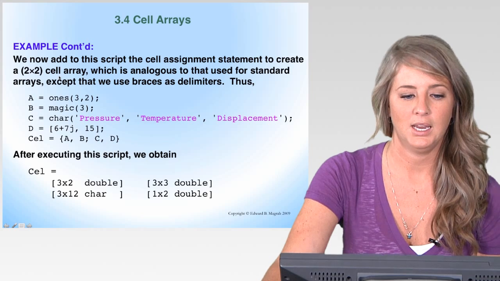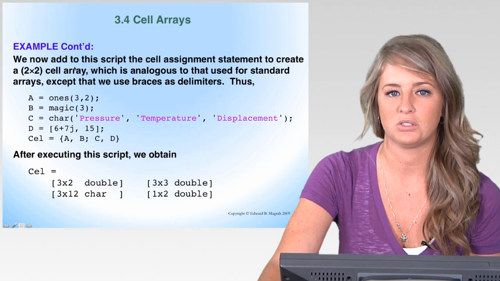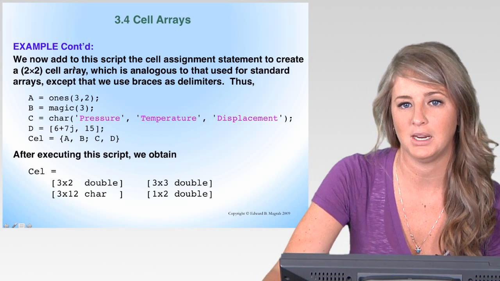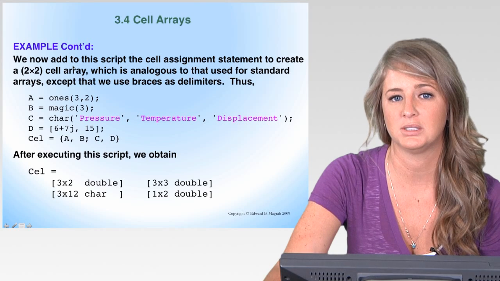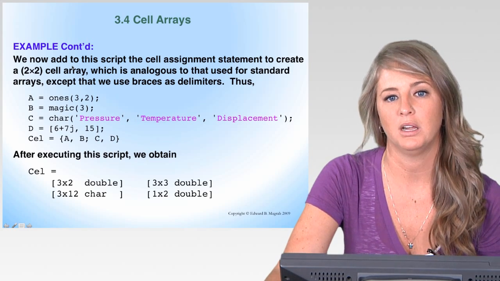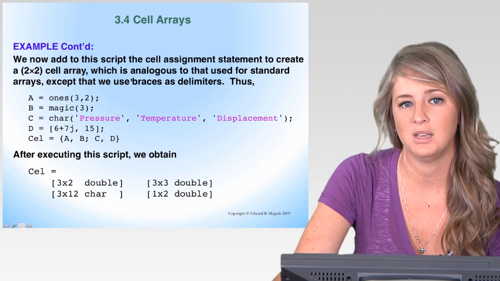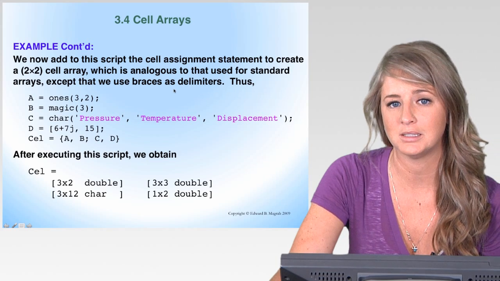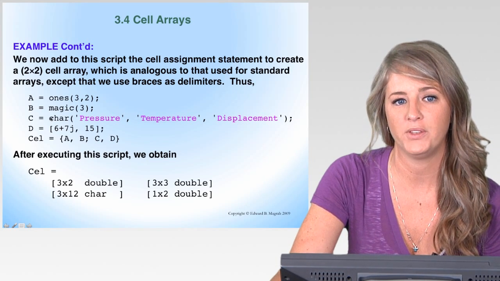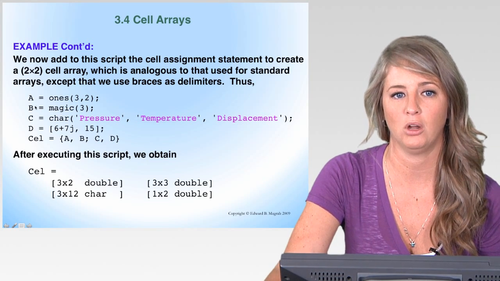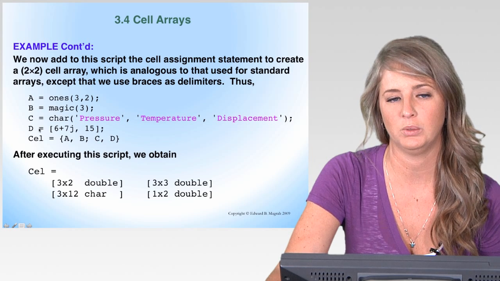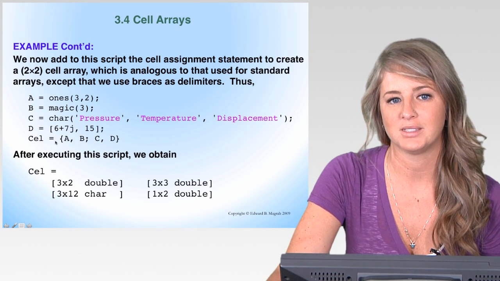And let's say that we now wanted to add to this script the cell assignment statements to create a 2x2 cell array, which is analogous to that used for standard arrays, except that we use braces as delimiters. So in this particular case, we have our 4 matrices that we created again, and then cell.